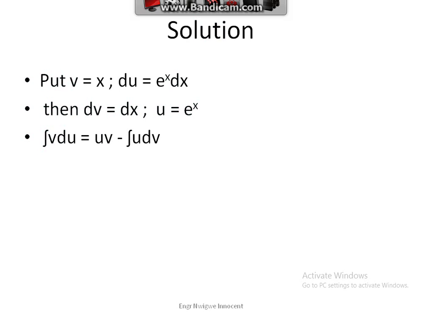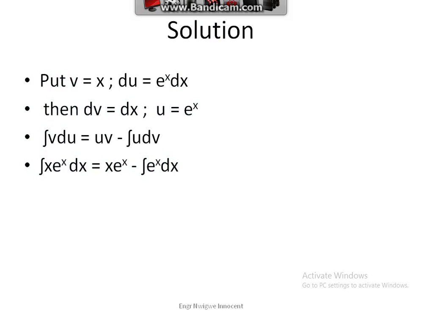We now substitute the values into this formula. We now have the integral of s exponential s ds equals, v is s and our u is exponential s, minus the integral of our u, exponential s, times our dv, which is ds.